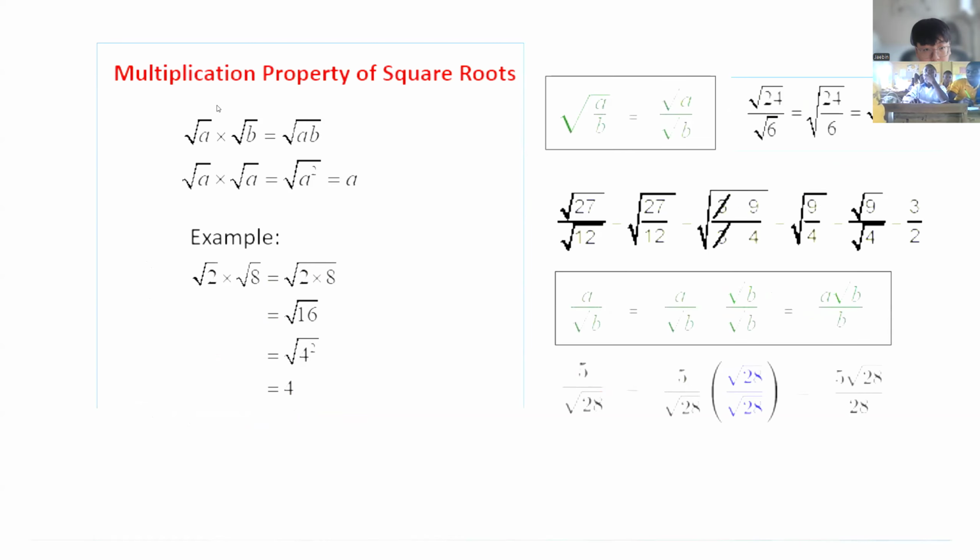Here are just some rules and properties of square roots. It is important to know some of these and how they work. So we know that square root of A times square root of B is square root of AB. And what about square root of A times square root of A?